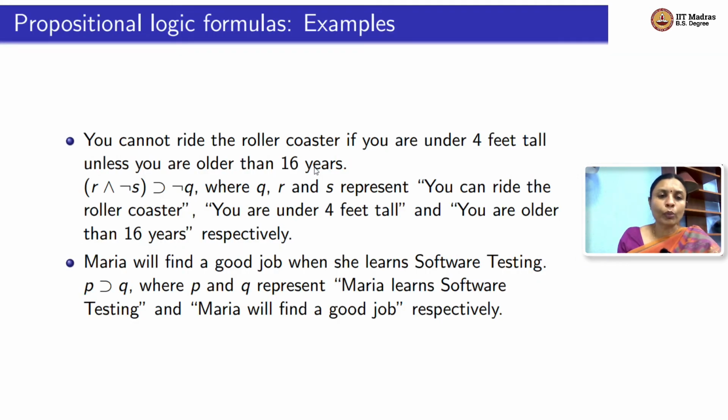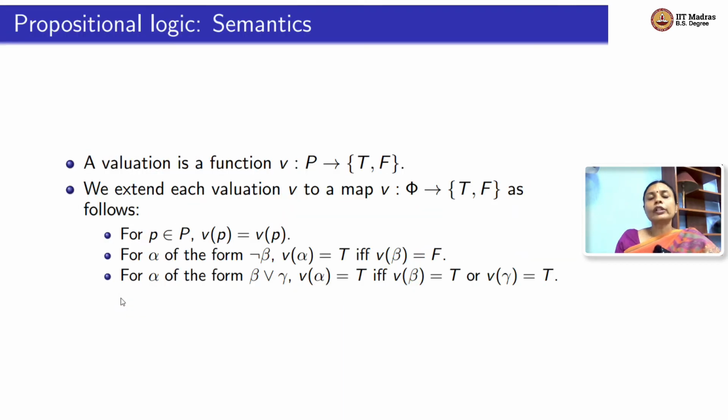Now using atomic propositions, we created formulas like this: R and not S implies Q, P implies Q, more such complicated formulas. How do you know whether the valuation will make them true or false? So we start using the meaning of the operators. For example, suppose I had a negation, not.